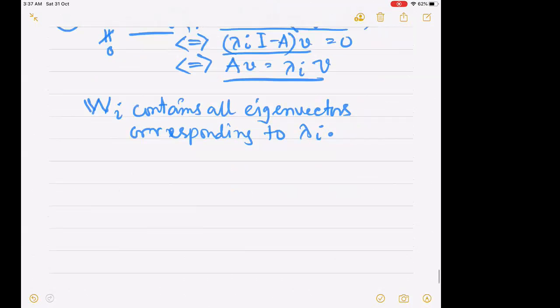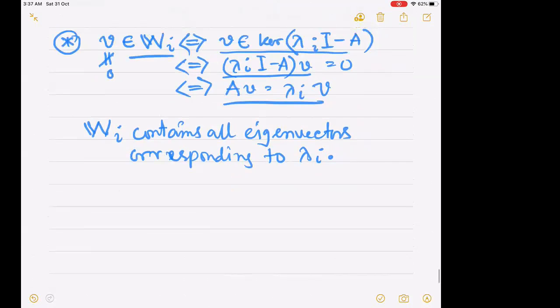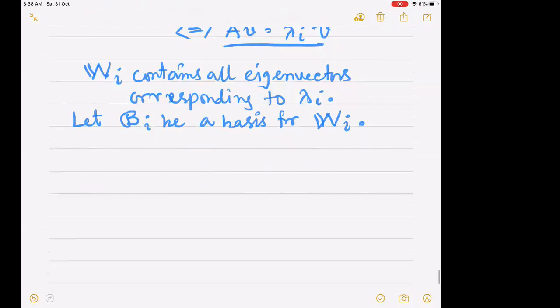Now let Bi be a basis for Wi. We have the following lemma. Remember, these lambda i's are distinct.